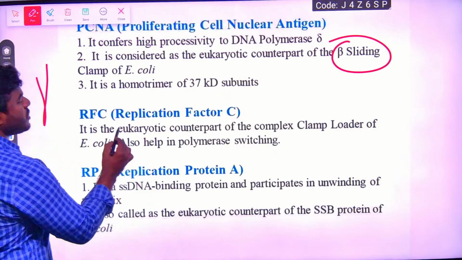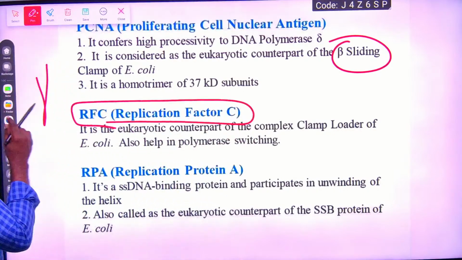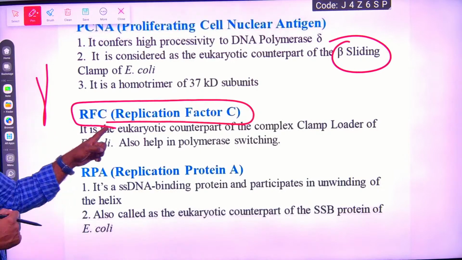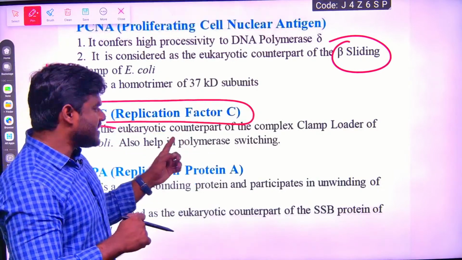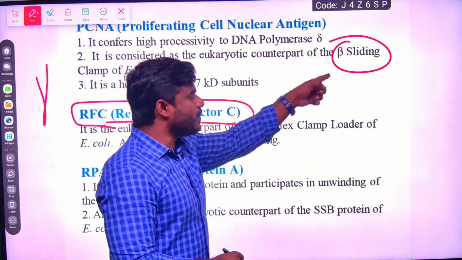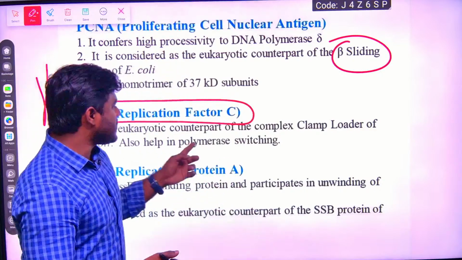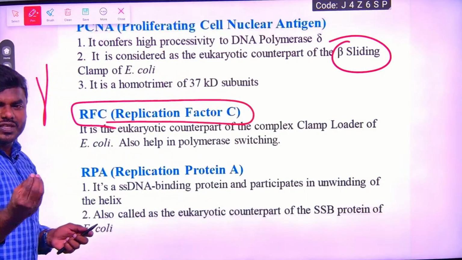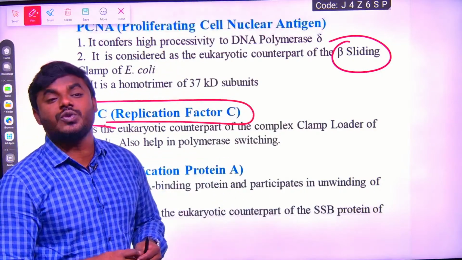In the eukaryotes, we call it RFC, replication factor C. This is the one which is involved in the loading of the PCNA. We can also say that RFC is responsible for the polymerase switching.